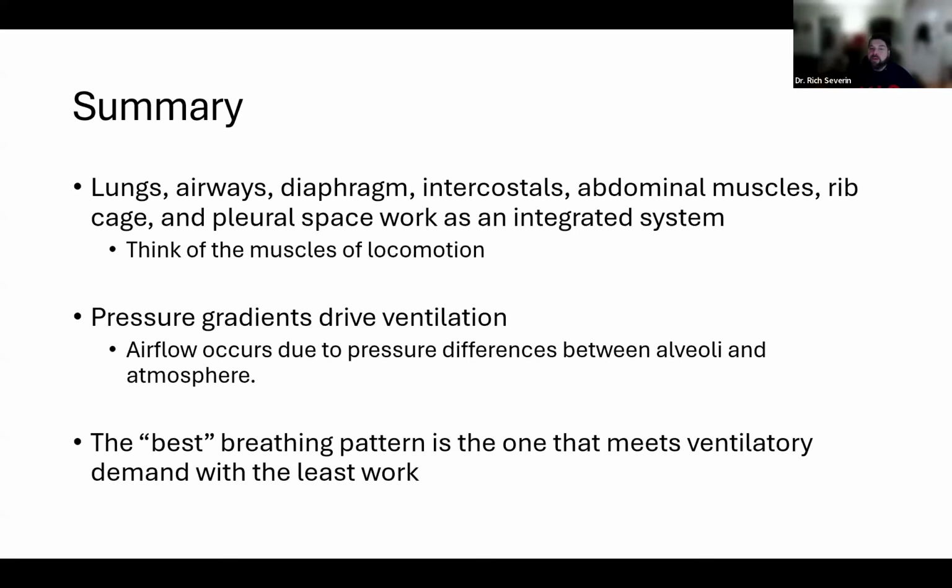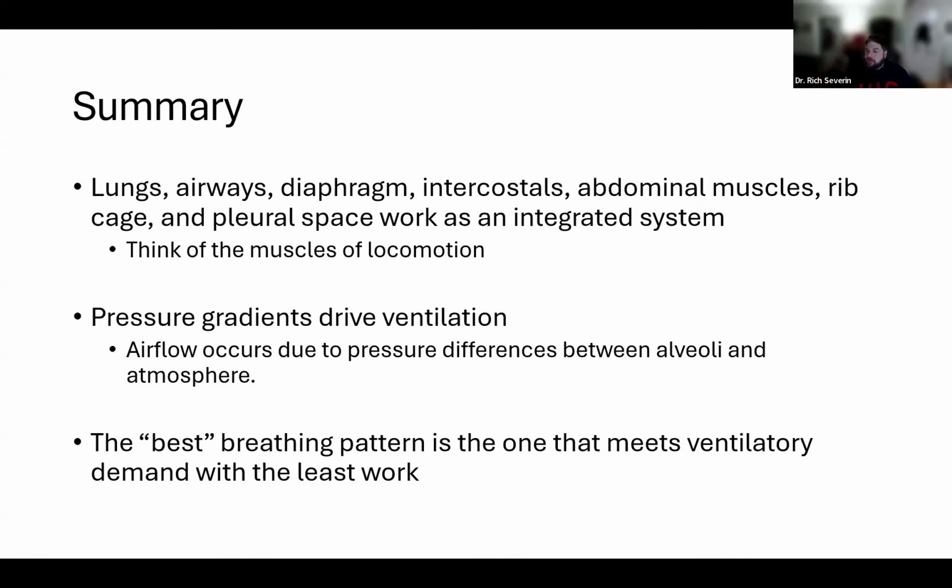Those are normal things. There are a lot of other muscles, a lot of other things that work together to maintain ventilation, right? Again, pressure gradients drive ventilation, and that's where the breathing muscles really shine here. They're the ones that create that pressure generation and help manipulate the flow, especially during exercise responses.